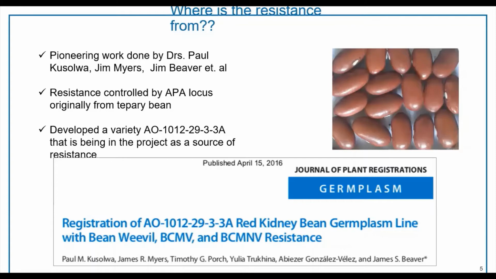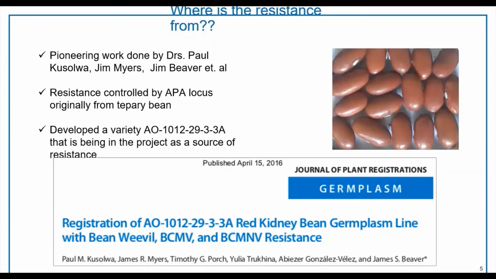What this team did was to move the Bruchid resistance from tepary bean, because initially we didn't have resistance within common bean. So we had to move that resistance from tepary bean and introduce it in common bean.